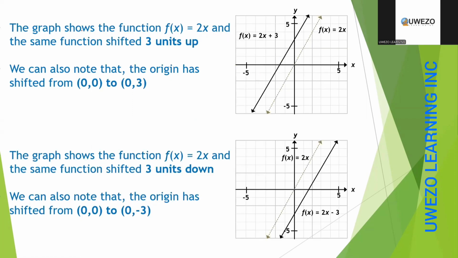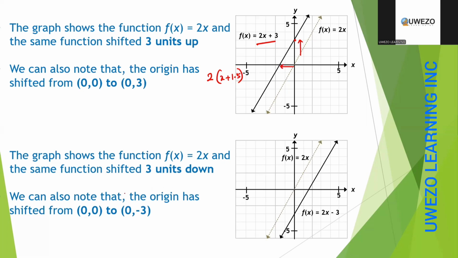Now, if we add 3 outside the function f of x, then the graph is going to shift 3 units upwards. Or you could also understand this graph as 2 times (x plus 1.5). So that is the reason there is also a 1.5 shift to the left.